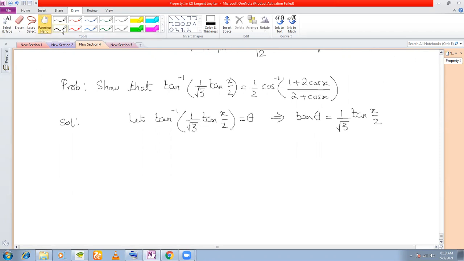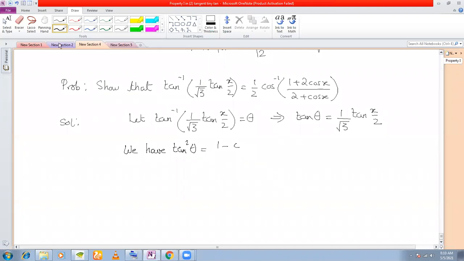Now, since you want to convert tan inverse to a cos inverse, what is the multiple angle relation between tan and cos? Tan square theta is equal to 1 minus cos 2 theta by 1 plus cos 2 theta.